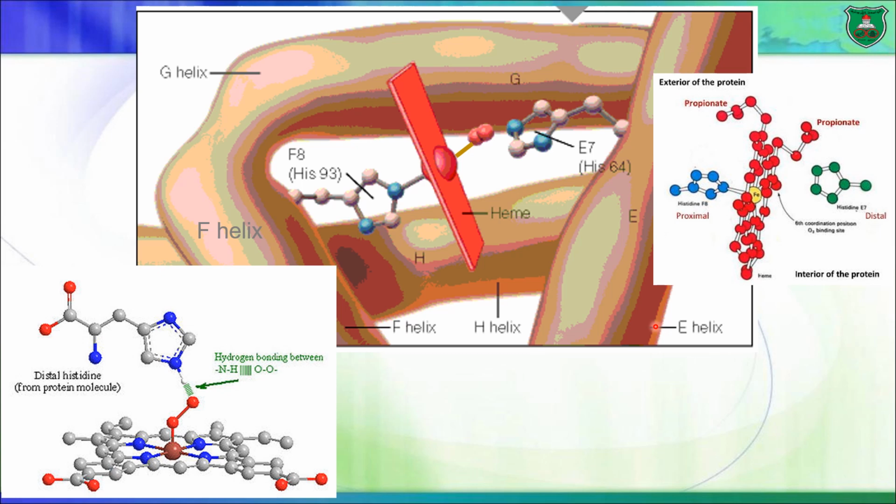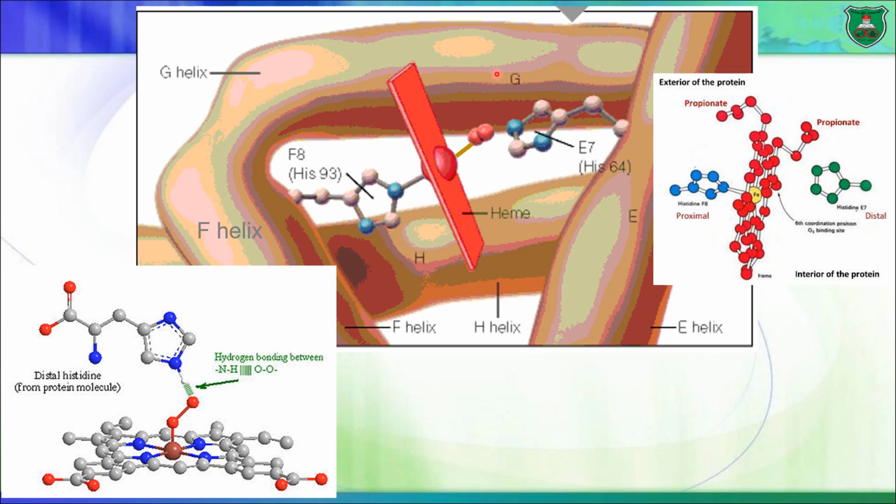So again, this is another view. You have the proximal histidine in the F helix forming a covalent bond with the iron, and you have the distal histidine in the E helix, and it's very close. It lies on the other side of the proximal histidine, and it overlooks iron.